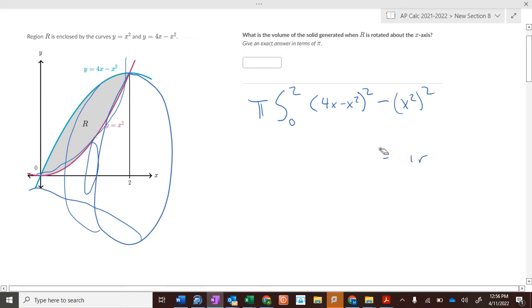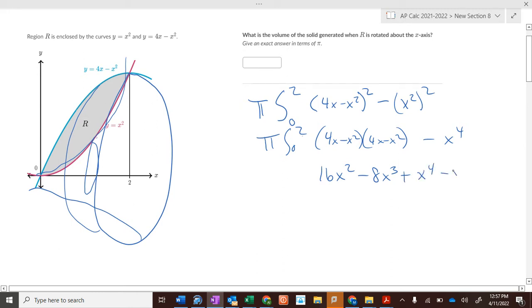So it's pi, 0 to 2 of, FOIL this. So it's 16x squared minus 4x cubed minus 4x cubed, which is minus 8x cubed, plus x to the fourth minus x to the fourth, which these cancel.